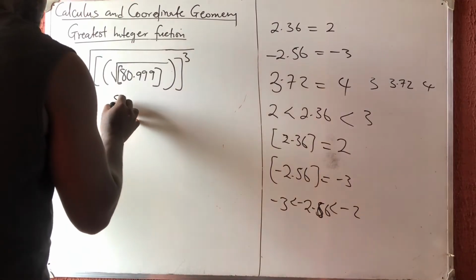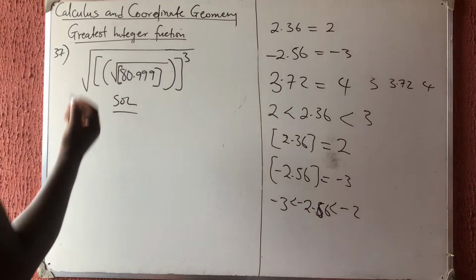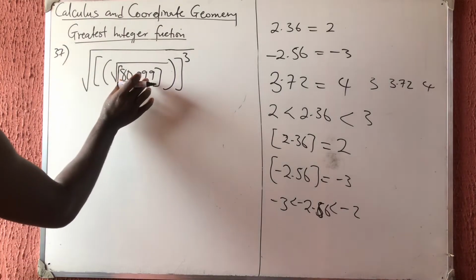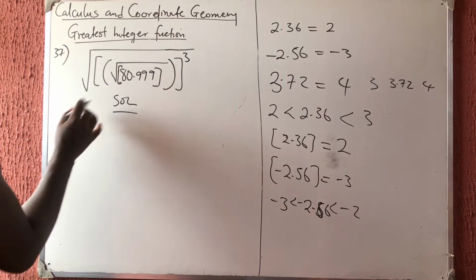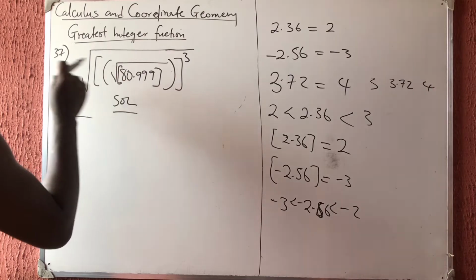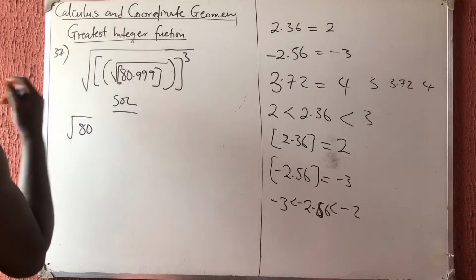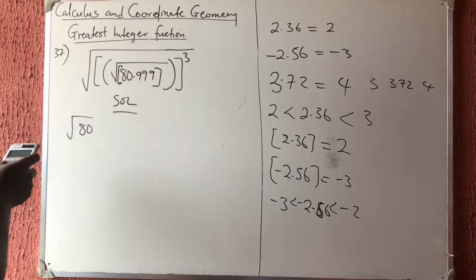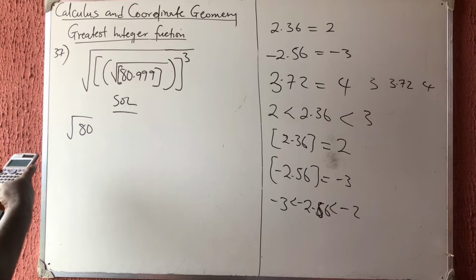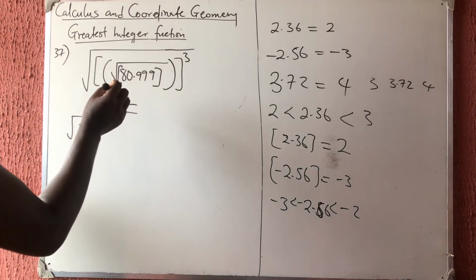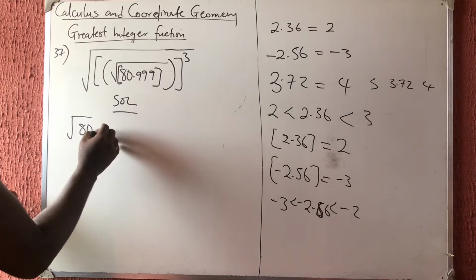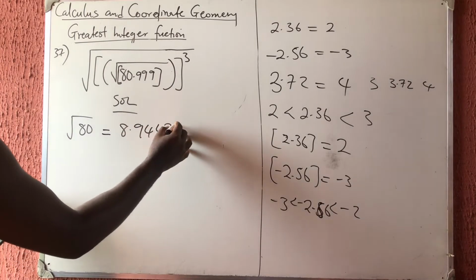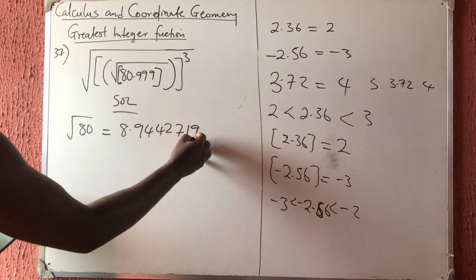Solution. Now this one is very simple. We start from the inside. From the inside we have the greatest integer function of this positive number, so we are taking just 80. The square root of 80 is going to give us 8.944271191.